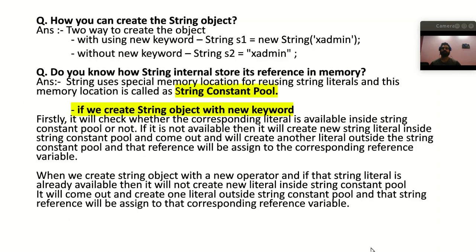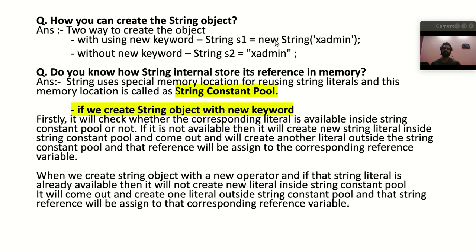The next question was how you create a string object. Basically there are two ways to create a string object. First, by using the new keyword. Here you can see String s1 = new String, and inside you can pass the literal. You can also create the string object without using the new keyword.